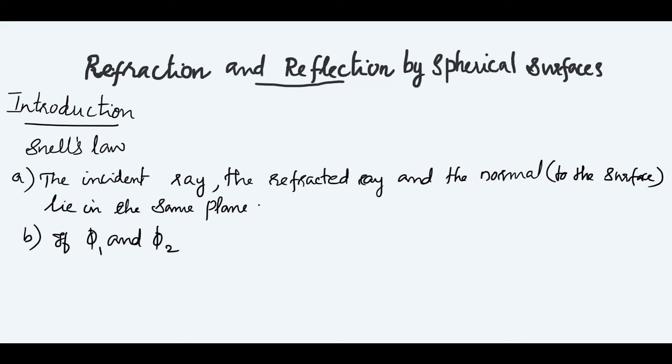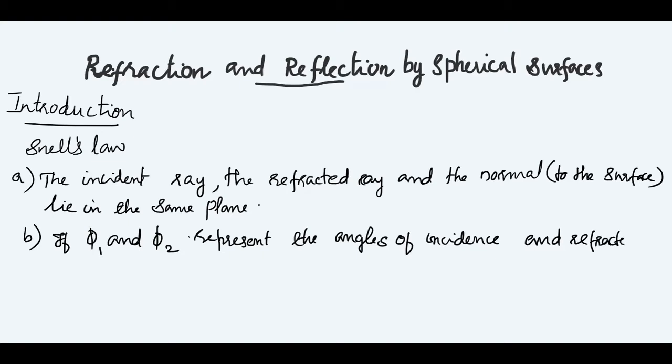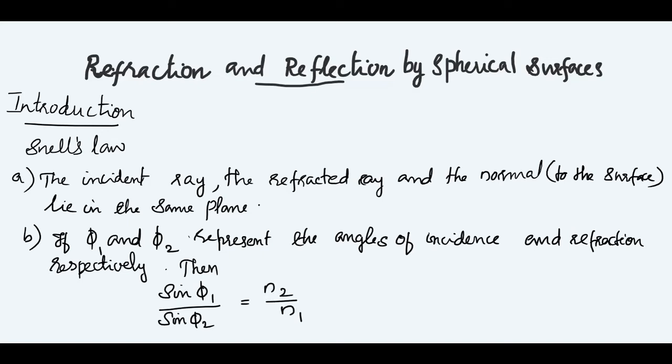And if phi 1 and phi 2 represent the angles of incidence and refraction respectively, then sin phi 1 by sin phi 2 equals n2 by n1.